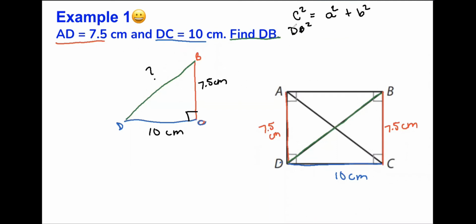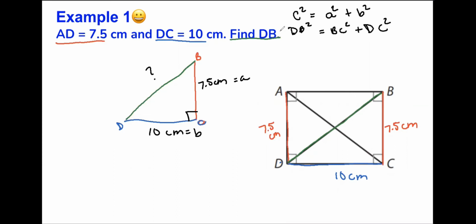A is going to be whichever one you decide to assign. It can be this one, so this one is going to be my BC squared. And let's make this one B. It doesn't matter, to be honest, as long as you know that these two are your legs. So DC squared.